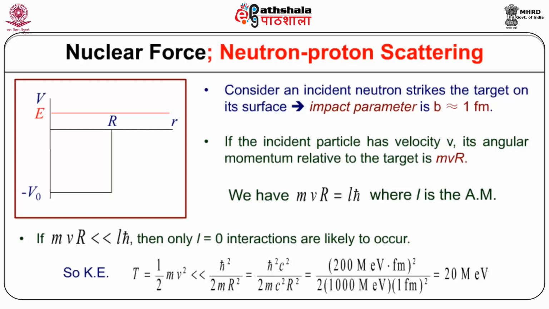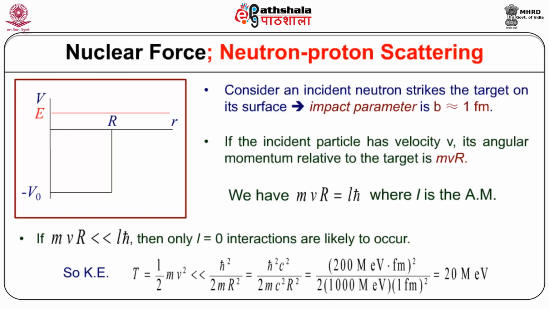This impact parameter is a function of energy. Higher the energy, lower the impact parameter. Since we are discussing the case when the impact parameter B is around 1 Fermi, we can calculate the corresponding energy required.